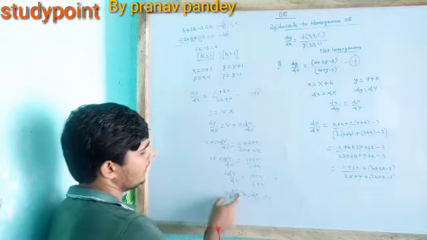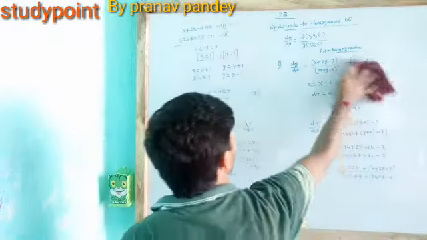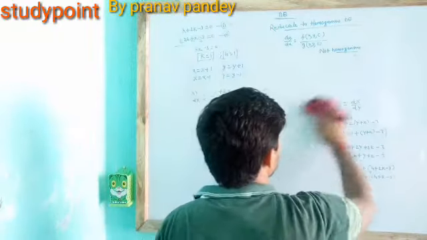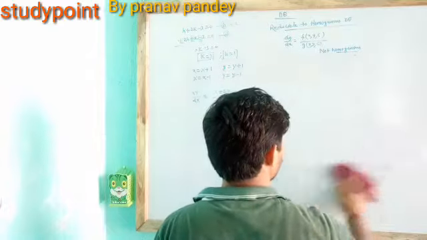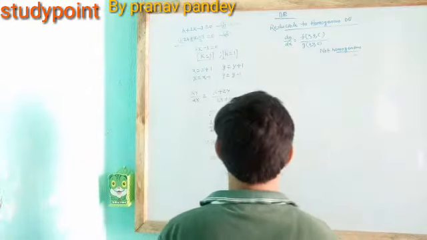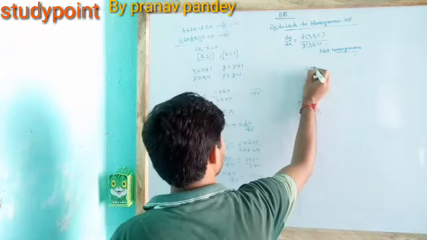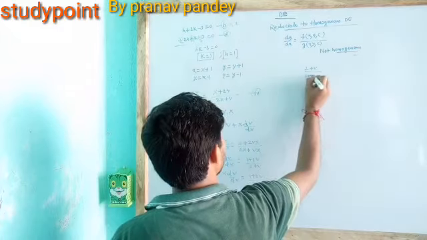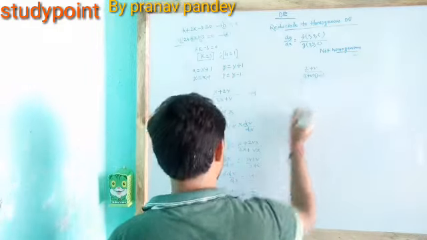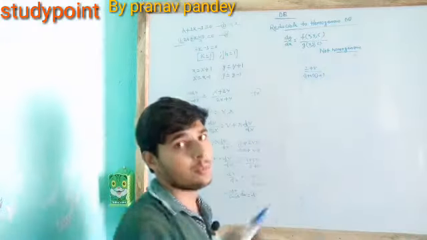Now to integrate this we will use partial fractions. So we can write (2 plus v) by (1 plus v) into (1 minus v), as 1 square minus v square, a square minus b square, is (a plus b) into (a minus b).